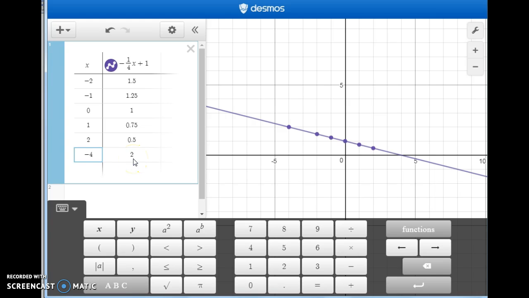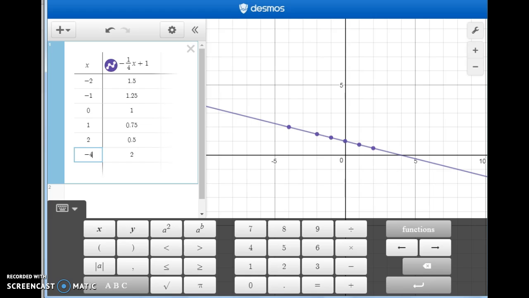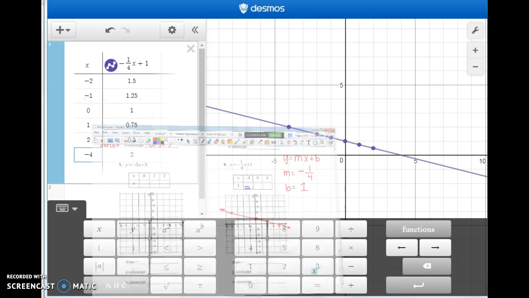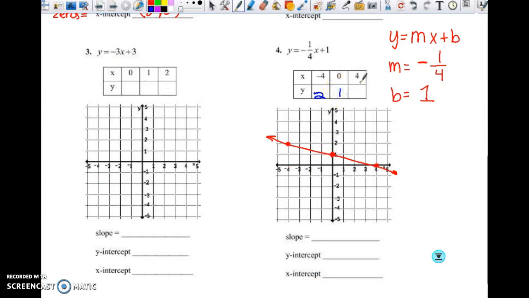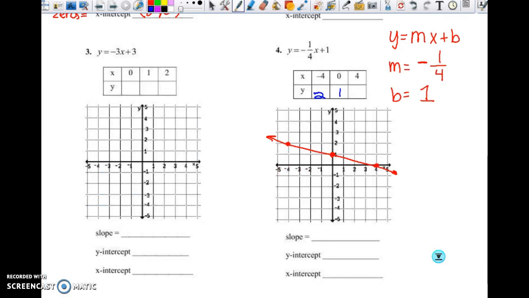Positive 2. That's one of the points we plotted. When x is 0, it did give us 0. My y was 1. And when x is 4, we can ask it because it didn't show us. My y is 0, and we actually plotted that point too.